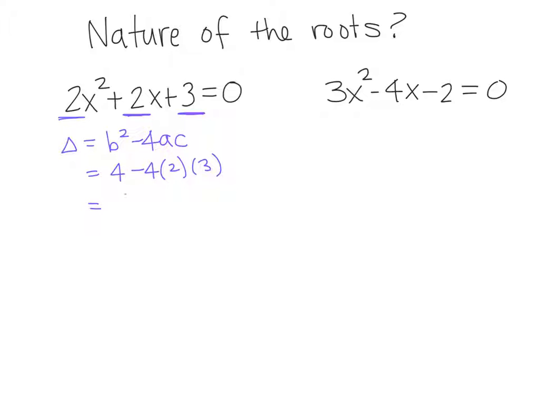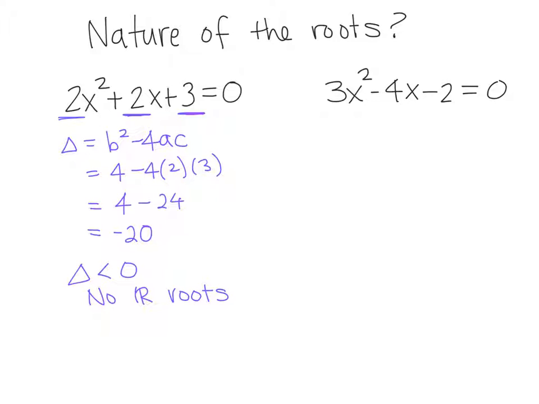Simplifying, we have 4 minus 8 times 3, that's 24. So we have a discriminant that's going to be negative 20. So when the discriminant is less than 0, we know we have no real roots.